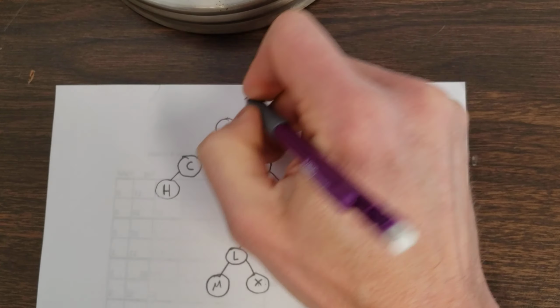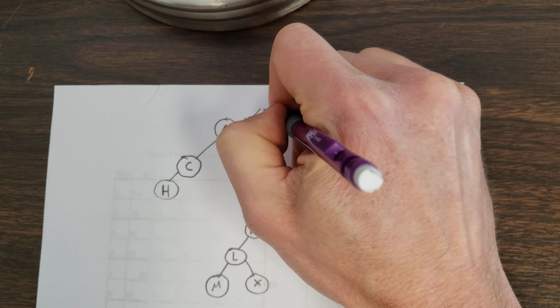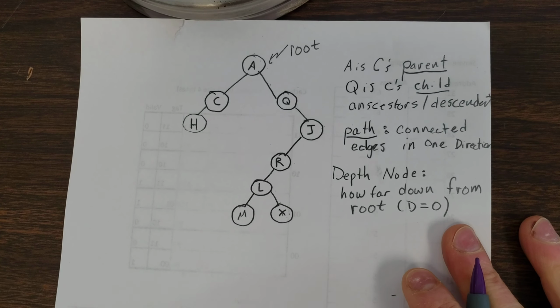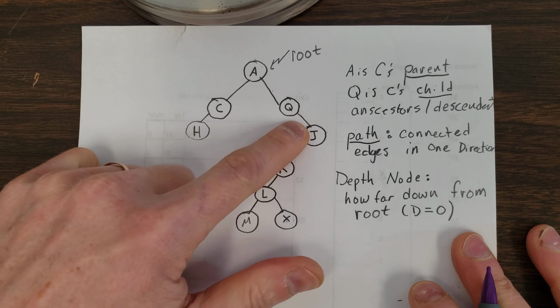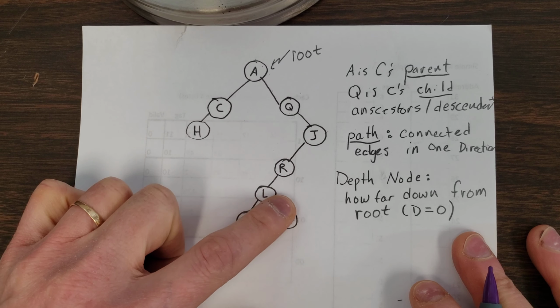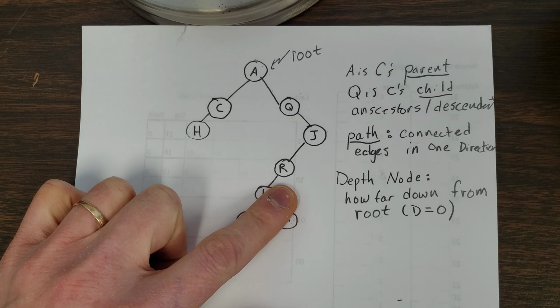So we've been talking about it. Let's go ahead and label this. A is going to be the root node in this case. So we have A as the root, and it has a depth of 0. So Q has a depth of 1, R has a depth of 0, 1, 2, 3. R has a depth of 3.